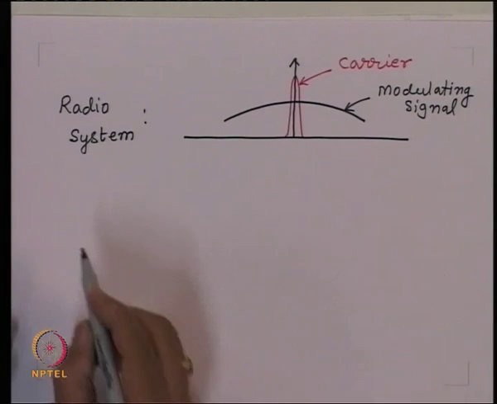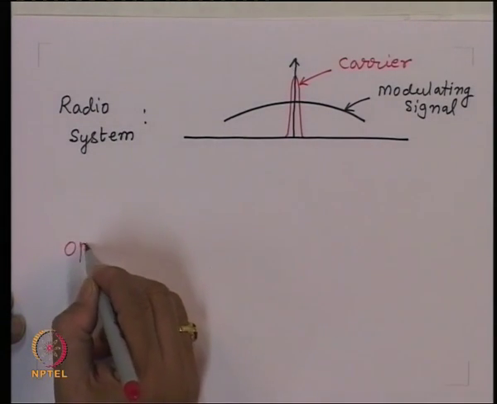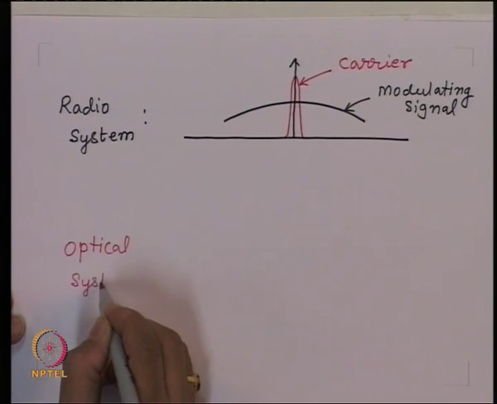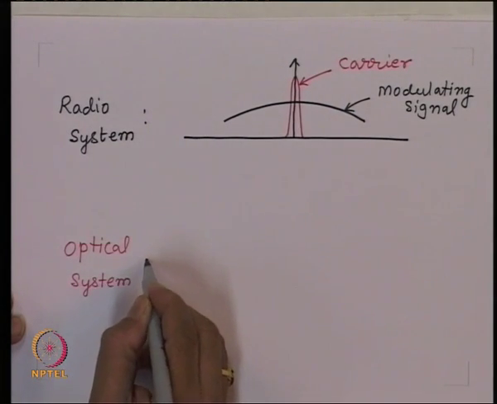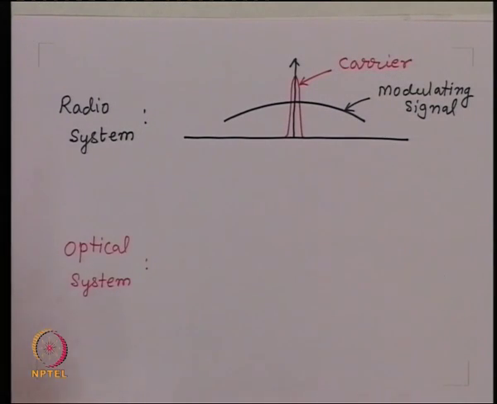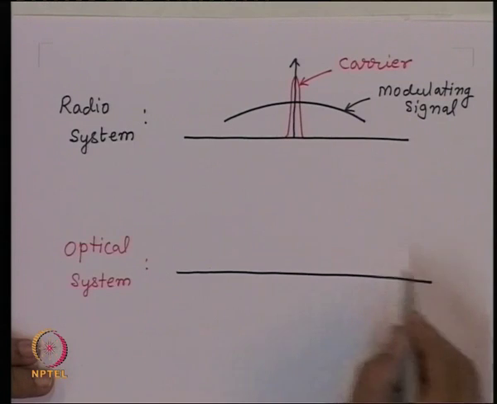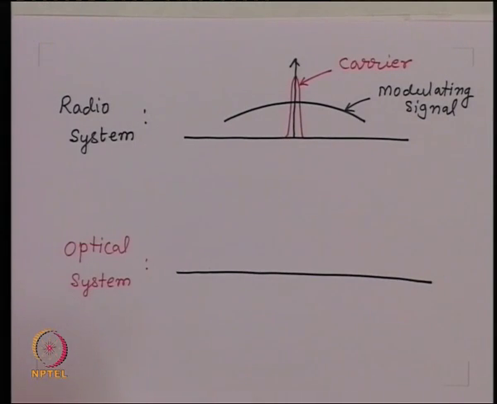Whereas if I go to the optical system, then I have a situation which is exactly opposite. That is, my optical carrier is very large and my modulating signal is very small.